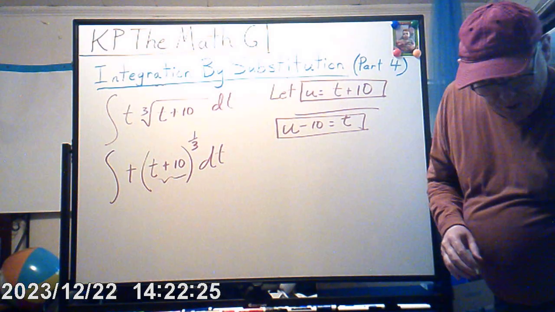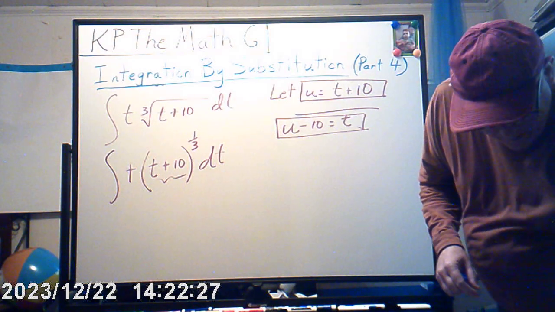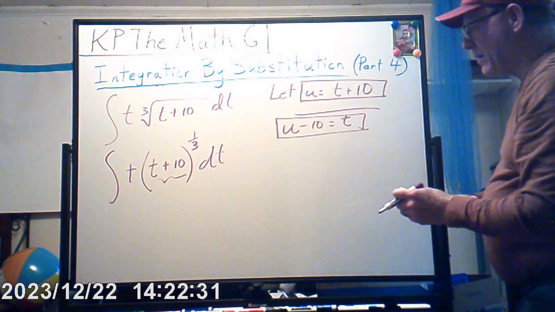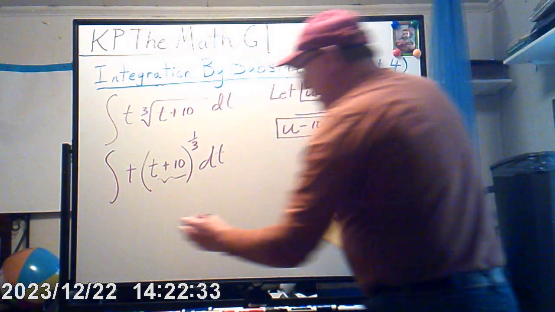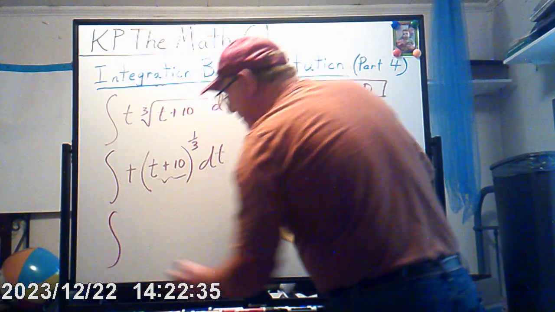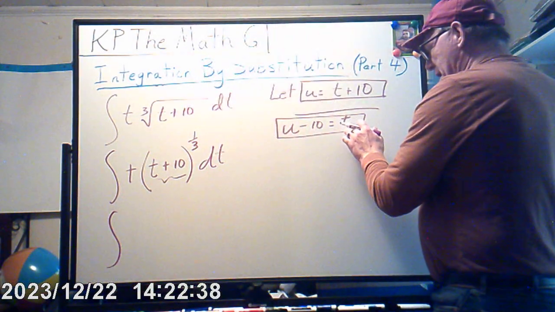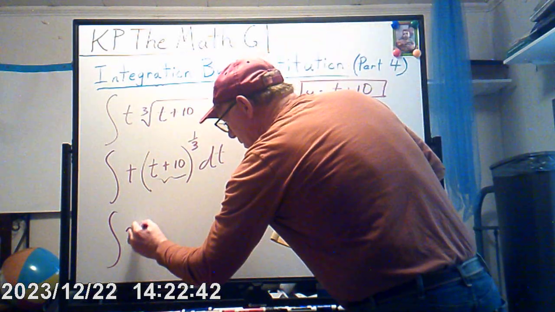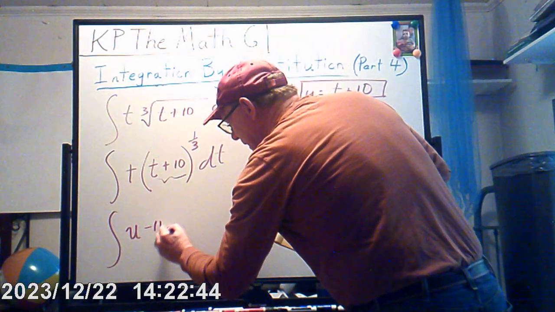So here's what we have when we set this up. I'm going to go ahead and substitute right here. What is t? It is u minus 10.